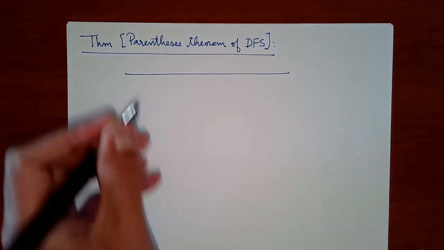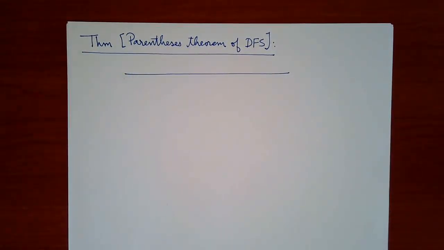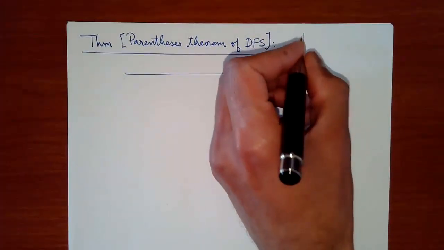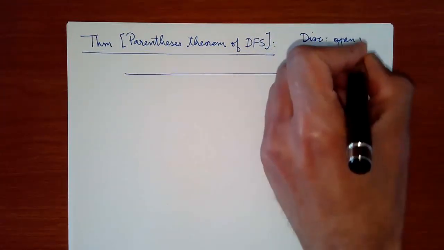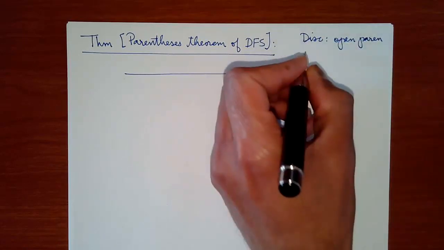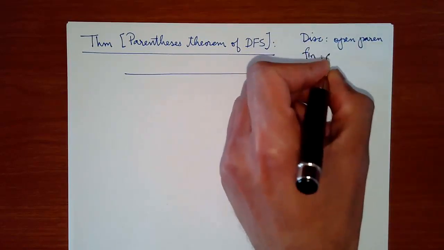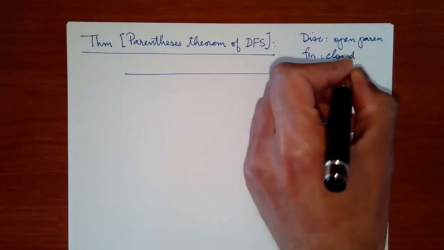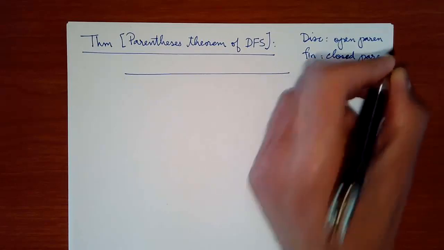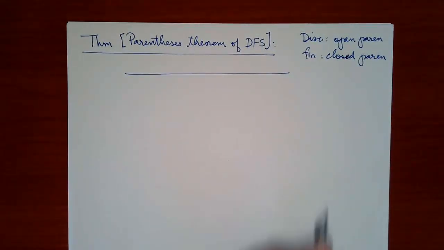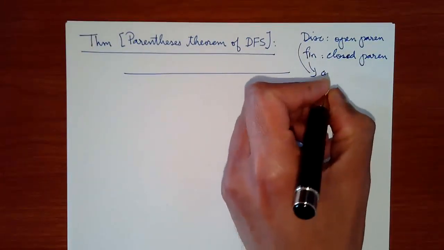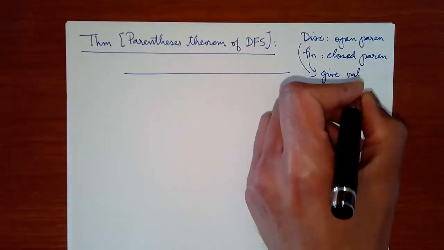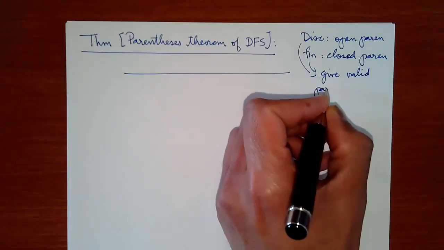What it says is, if you look at the discovery and finish times, if you think of discovery as an open parentheses and a finish as the closed parentheses, then the discovery and finish times give a valid parenthetical statement.